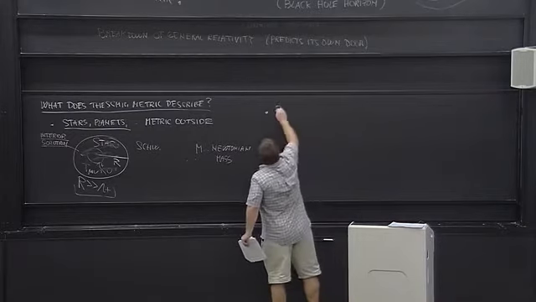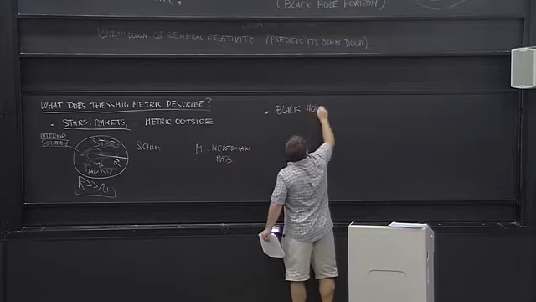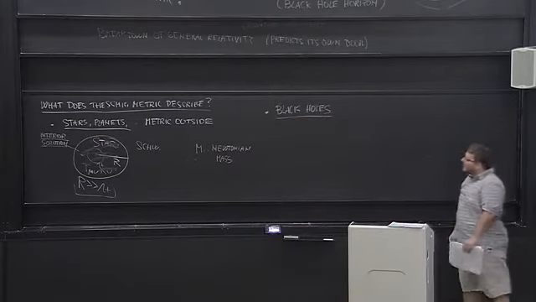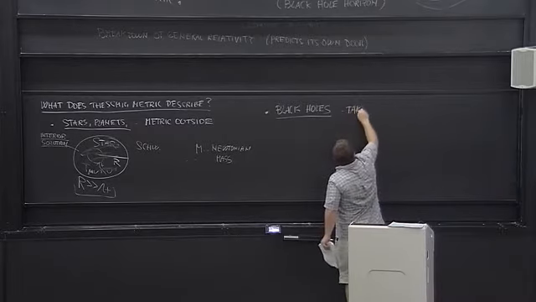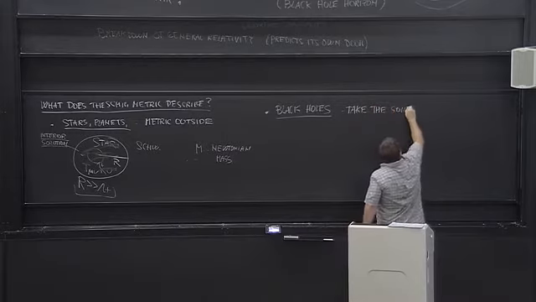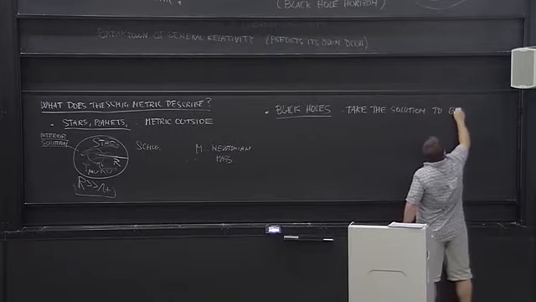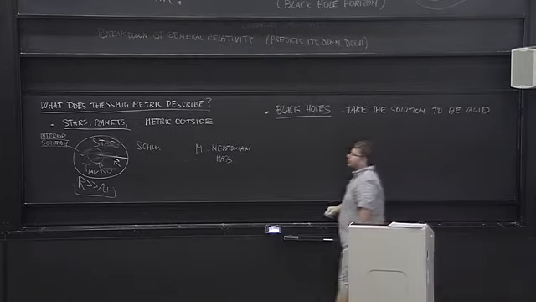So, the second thing, which is really the new prediction of the theory, is the black holes. Basically in this case, you just take the solution to be valid all the way till r equal to 0.